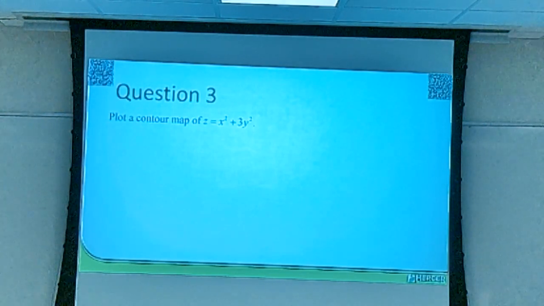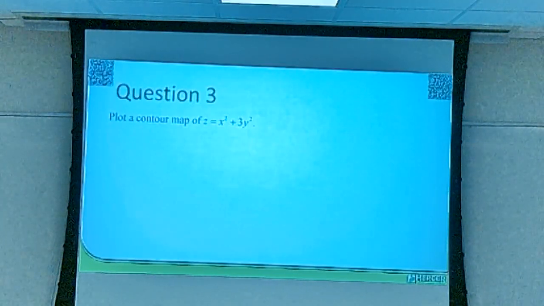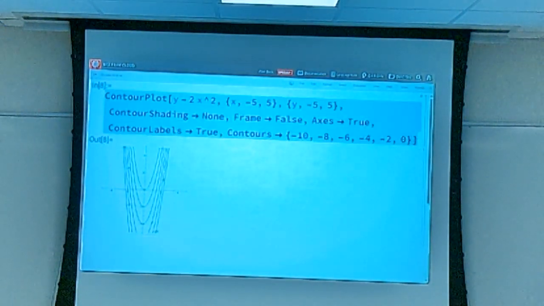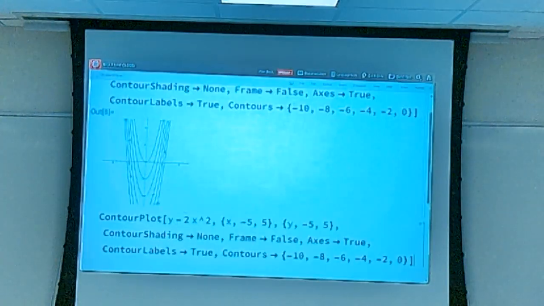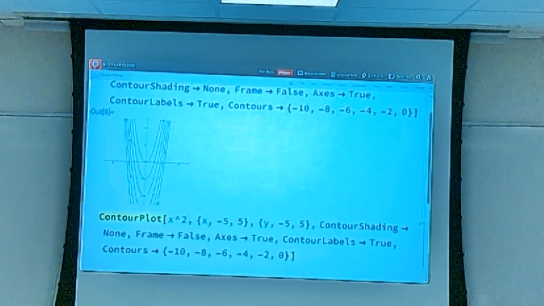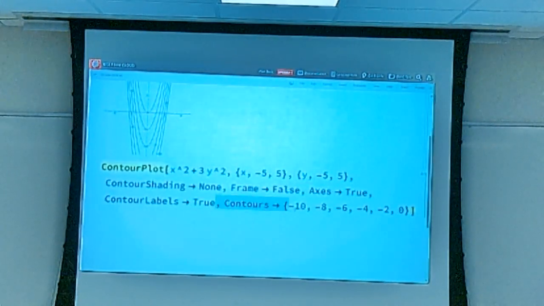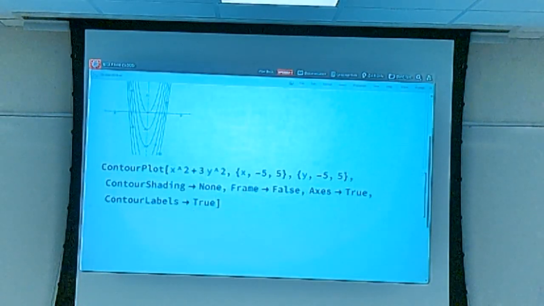What about for x squared plus 3y squared? So let's choose them for us.